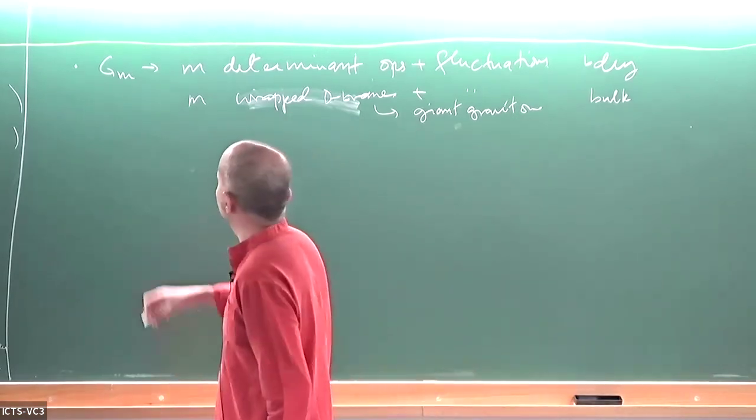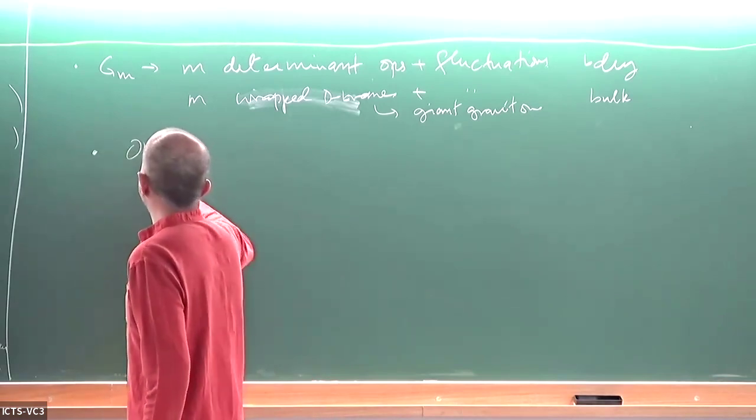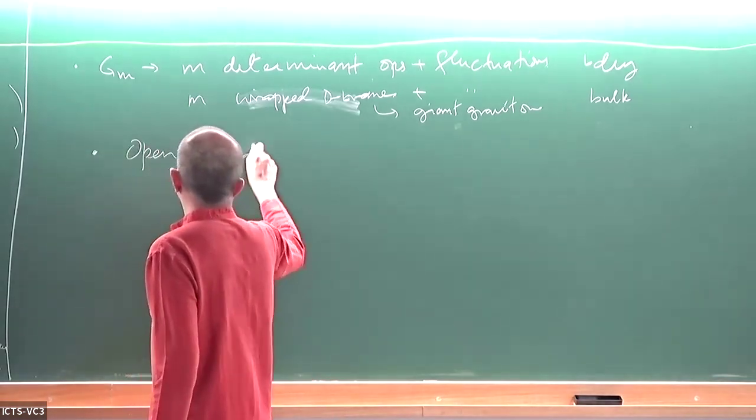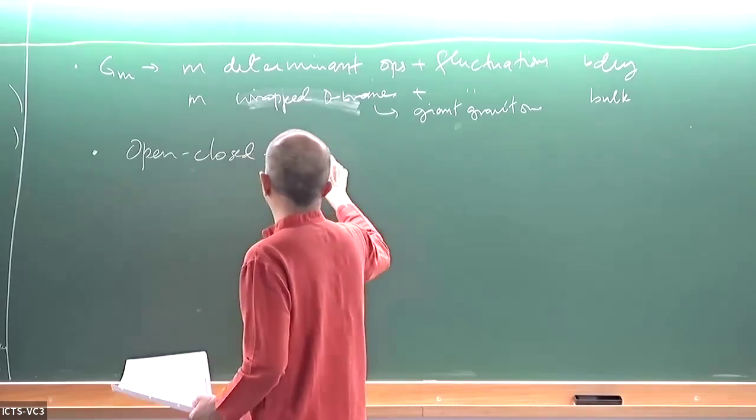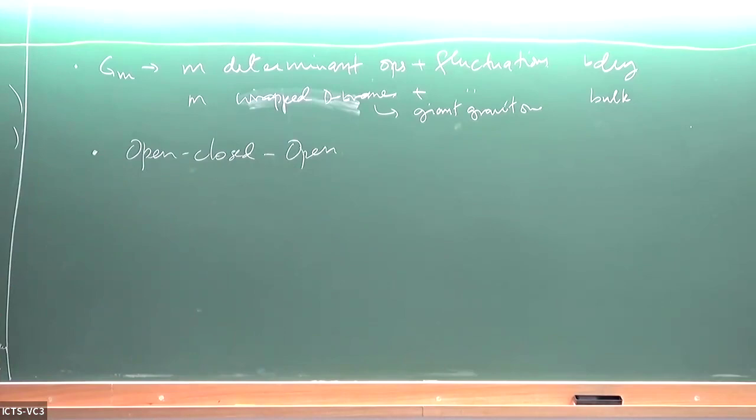So one more comment is that this whole thing, I think in a very broad framework, should be understood in terms of this open, closed, open triality, where the original index as defined in this boundary theory is one of the open string theories.